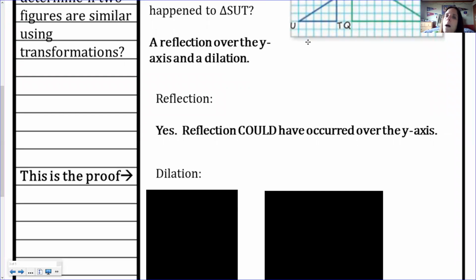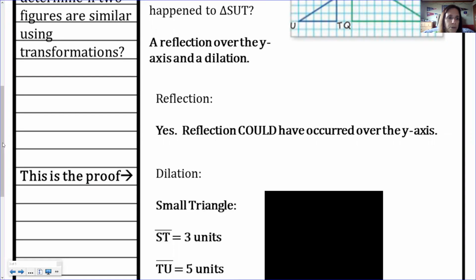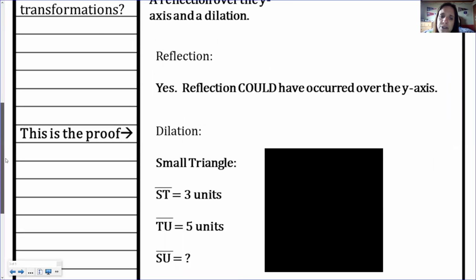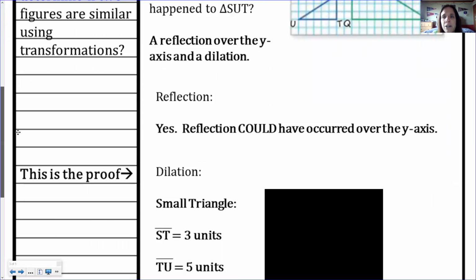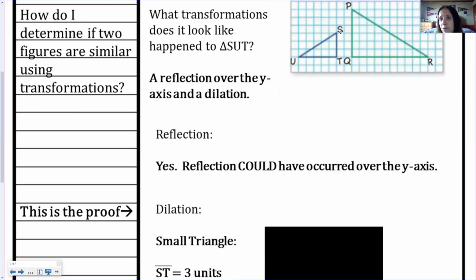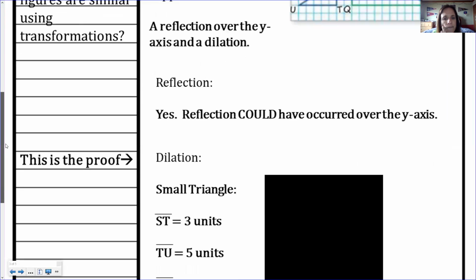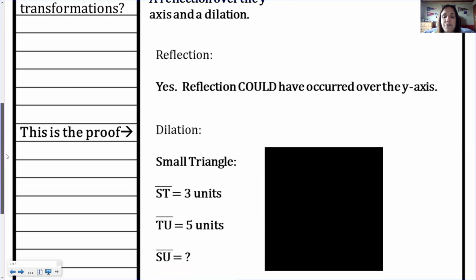Let's write what we know about the sides of triangle SUT. We'll call it the small triangle, the blue triangle, whatever you want to call it, triangle SUT. ST is 3 units. I'm getting this by counting from S to T, 1, 2, 3. So ST is 3, TU is 5, SU is our hypotenuse. We can't count that, but what can we use to find that? The Pythagorean theorem.